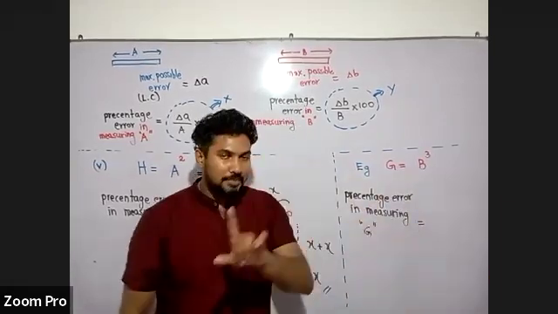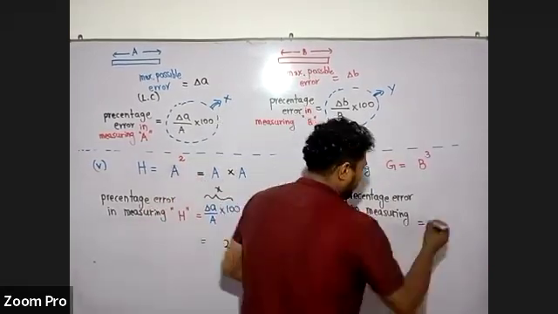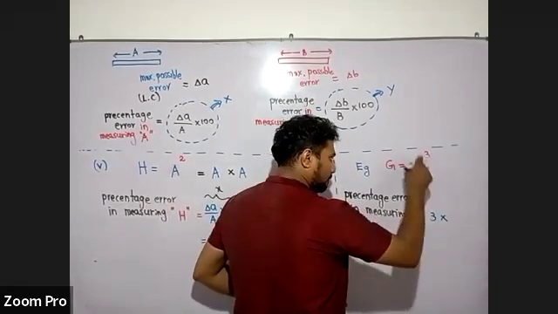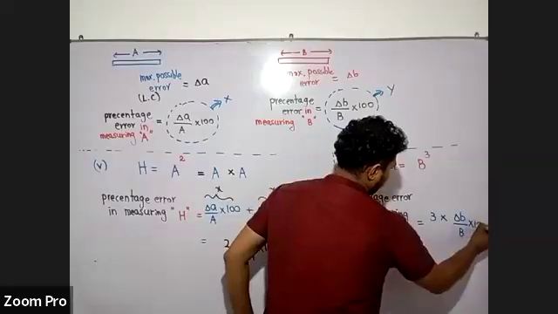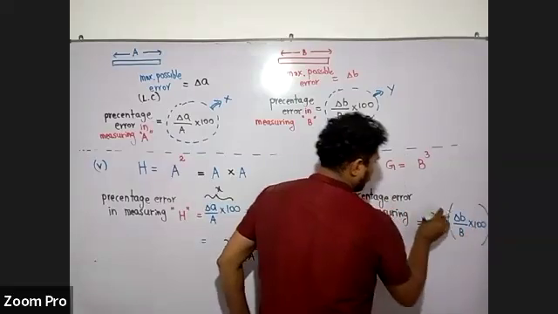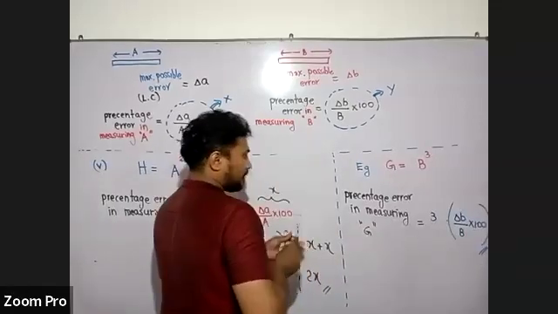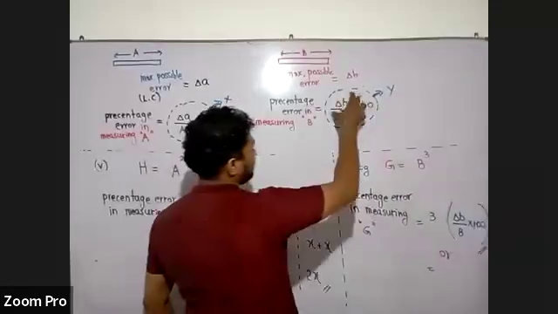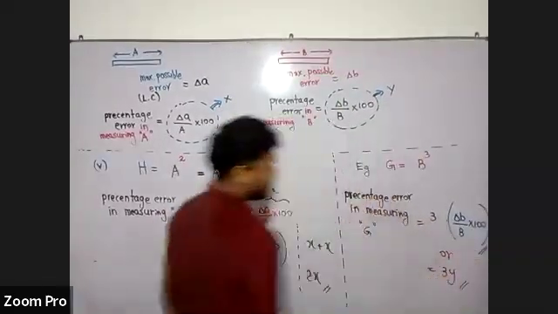But as I mentioned earlier, if there's a power, then we multiply the percentage error of B by 3, right? So this can be expressed, or I have considered this whole term as y, so this can be mentioned as delta y.